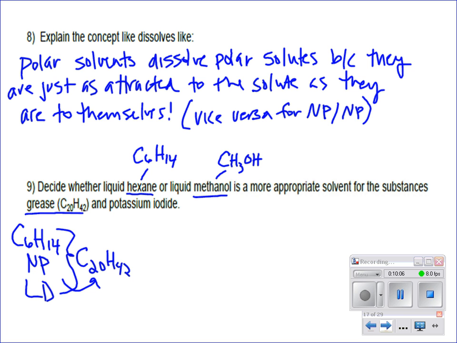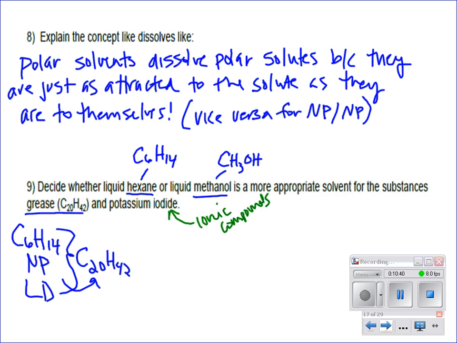I know we haven't really talked about ionic compounds and how they dissolve, but I want you to treat these ionic compounds pretty much like polar compounds, in the sense that once these ionic compounds hit water, for instance, if they're soluble, they dissolve into ions, right? So they have positive and negative ends that can be attracted to the positive and negative partial charges of water, or any other polar stuff.